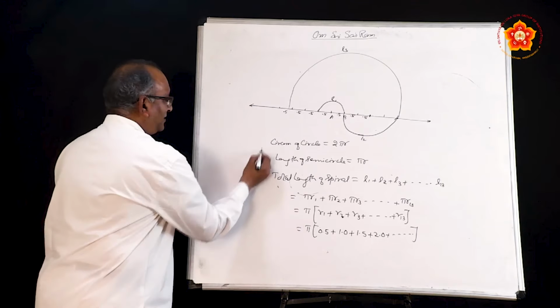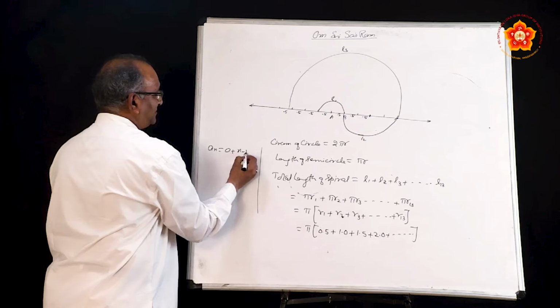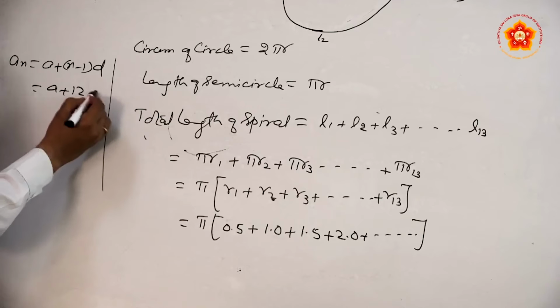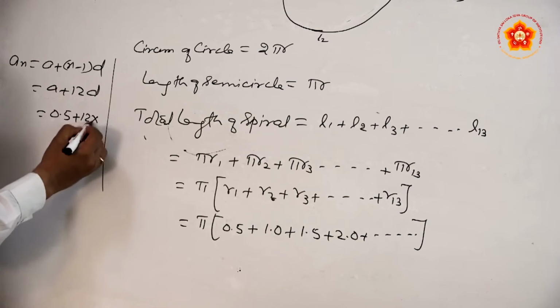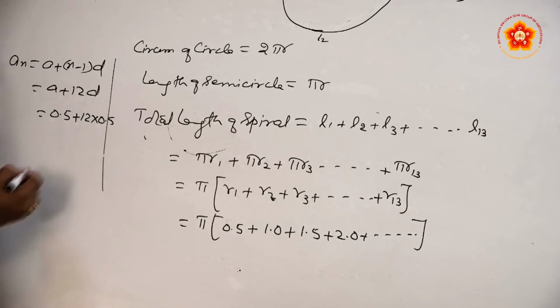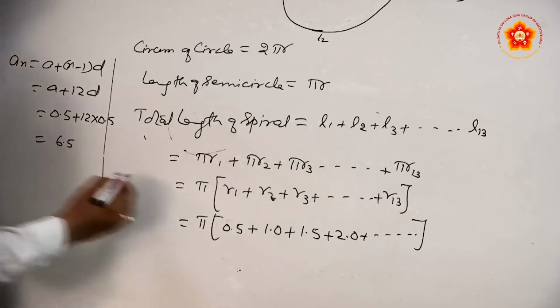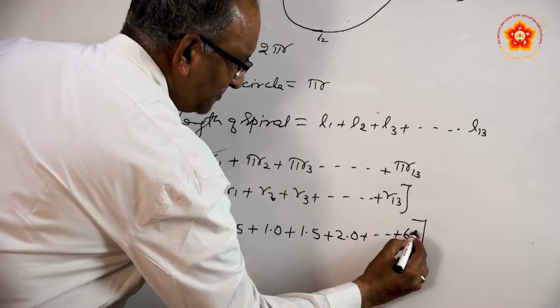What is the formula? a_n is equal to a plus (n minus 1) into d, or a plus 12d. What is a? 0.5. 12 into 0.5 is 6, plus 0.5 is 6.5. So, we need to add till the last term 6.5.